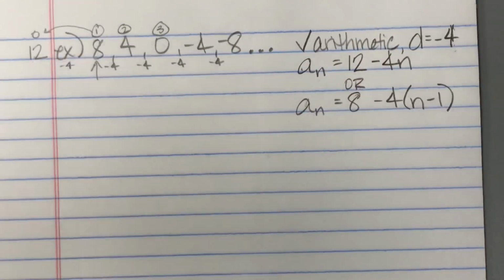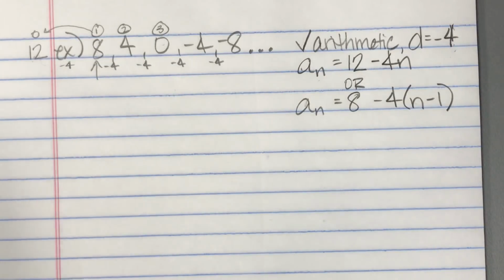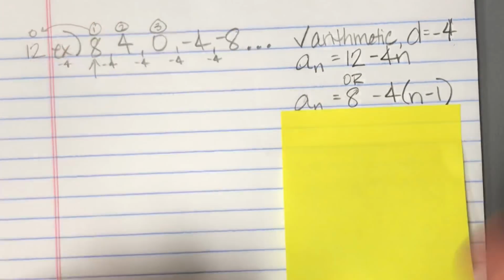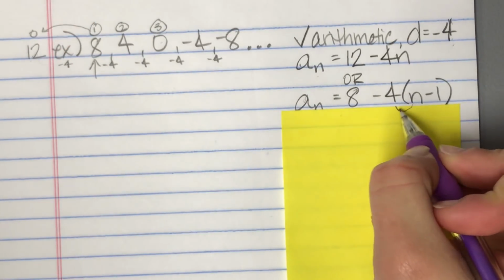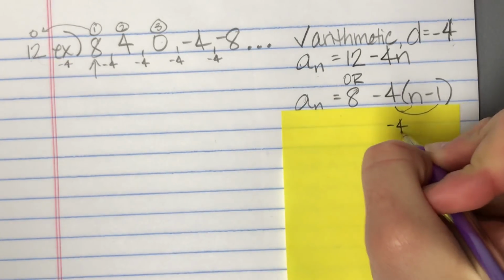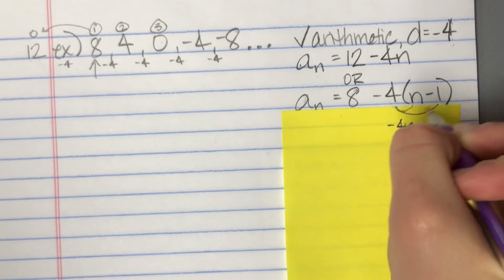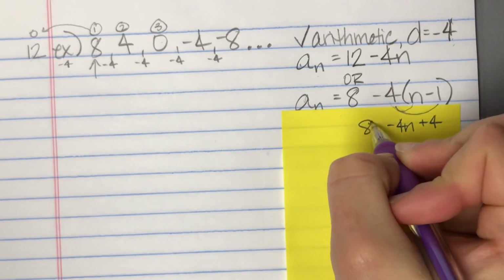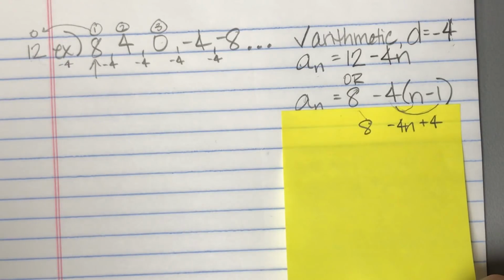Now, I get that this is kind of confusing, and those seem like two totally different formulas. Well, let's see what happens to this second formula if I simplify it a little bit. If I distribute that out, I get negative 4n, and negative 4 times negative 1 would actually make plus 4, and then the 8 out front I just carried down.